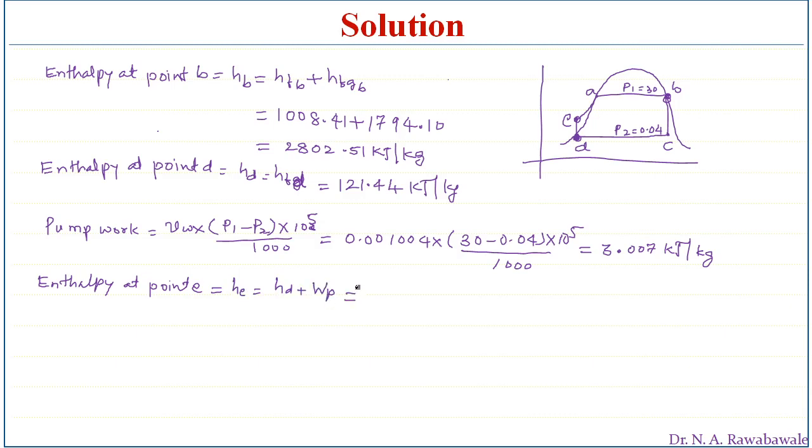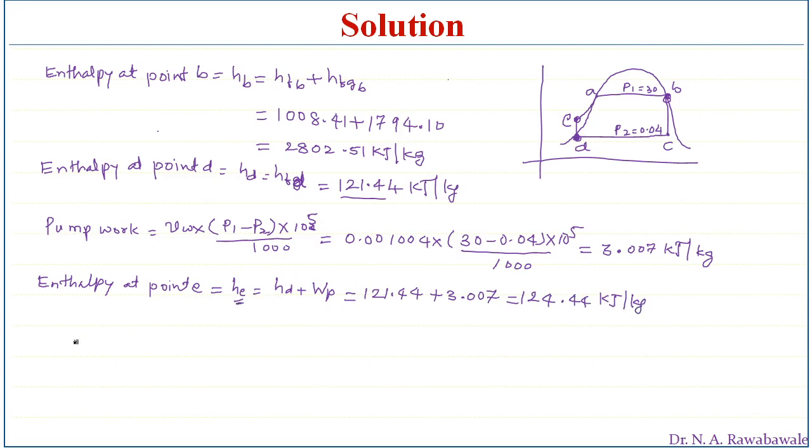Enthalpy at point D is known as 121.44, which we have calculated. Also we have calculated pump work as 3.007. So enthalpy at point E, HE, is equal to 3.007 plus 121.44. This gives us 124.44 kilojoules per kg, which is the enthalpy at point E.